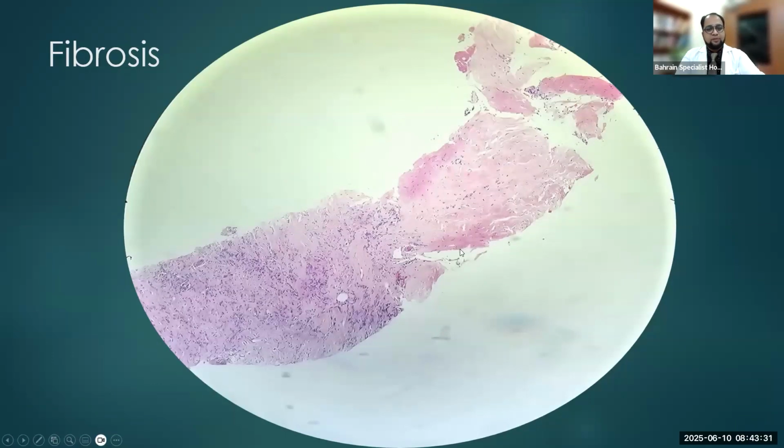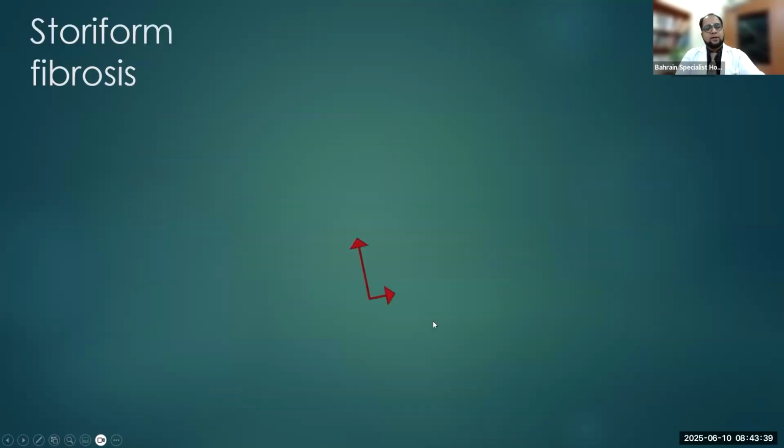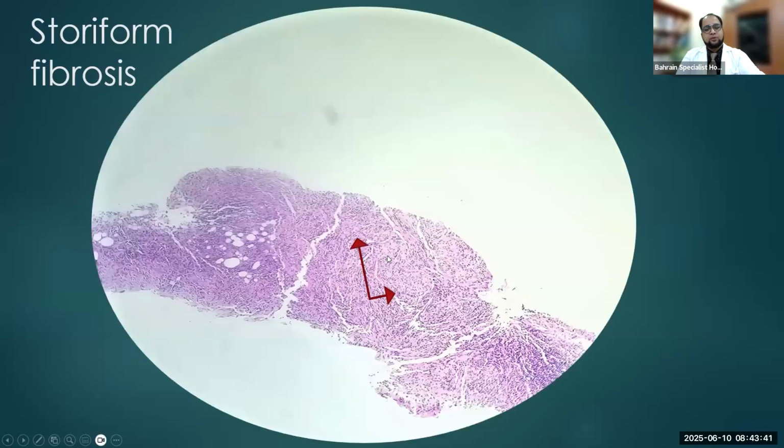So the microscopic features which were seen were a lot of fibrosis in the core biopsy, and in addition, there were areas showing a storiform kind of pattern. We can see a storiform, the whirling kind of pattern.